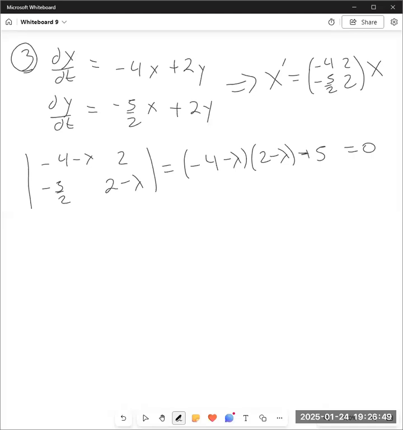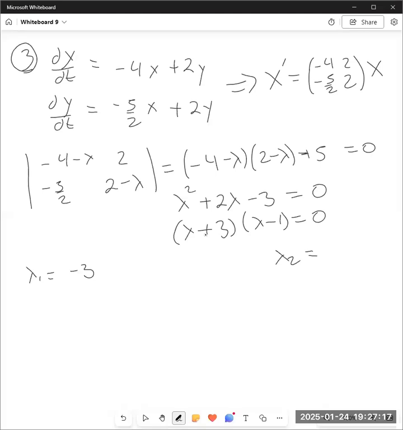So this is going to be lambda squared plus 4 minus 2 is plus 2, and then minus 8 plus 5 is minus 3 is 0, making this lambda plus 3 and lambda minus 1, giving me a lambda 1 of negative 3 and a lambda 2 of positive 1.